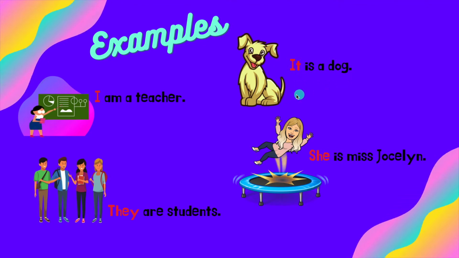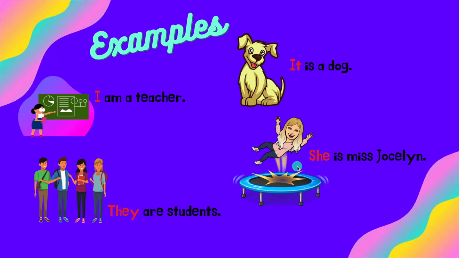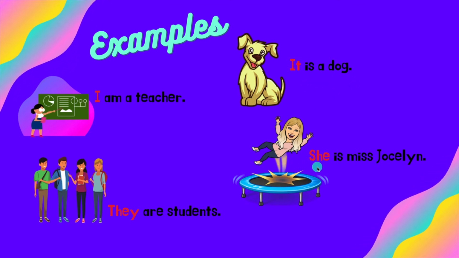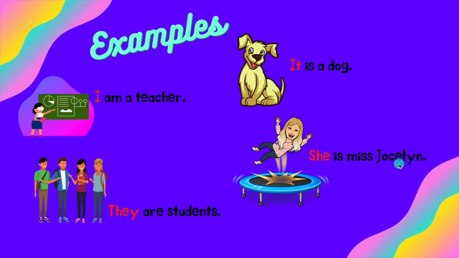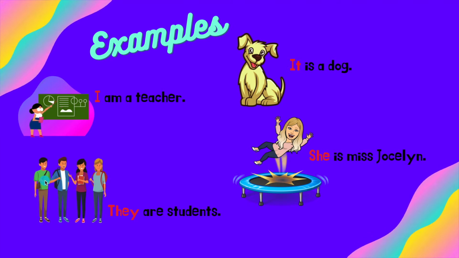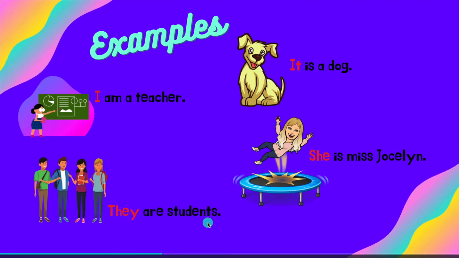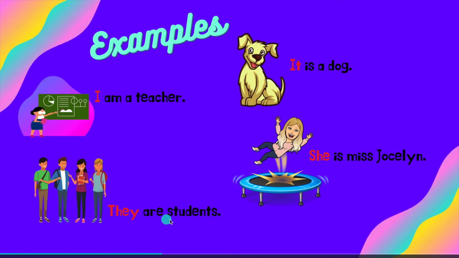It is a dog. Then here is Miss Jocelyn. She is Miss Jocelyn. And then finally you have 1, 2, 3, 4 students. So they are students.